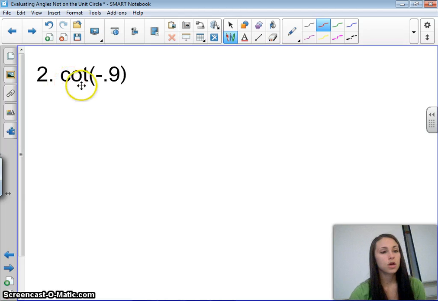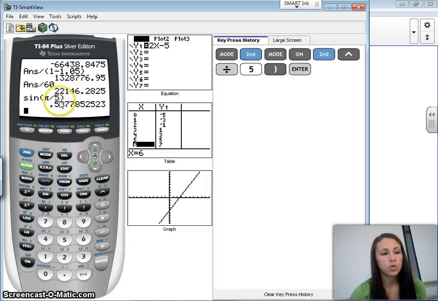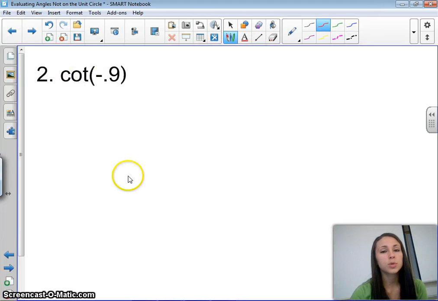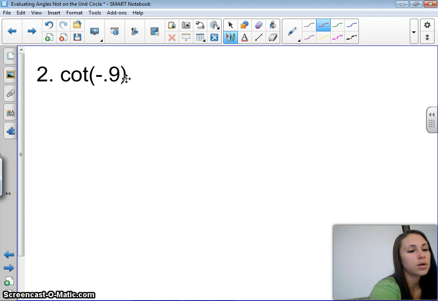Now, cotangent of -0.9. So if you look at your calculator, you don't have a button that is cotangent. And so we know that cotangent is the reciprocal of tangent. And so the way that I'm going to do this is I'm going to take where I have cotangent and put 1 over the tangent of -0.9.